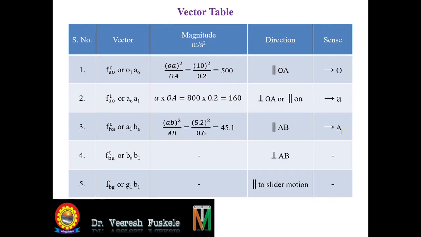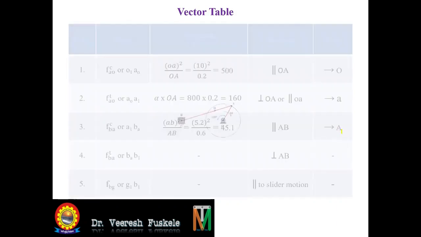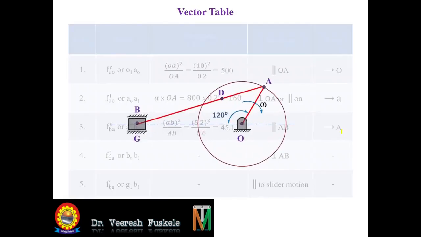The direction of this centripetal component will be parallel to OA, and the sense will be towards O, towards the center of rotation of the link OA. The direction of FCOA will be parallel to link OA and towards O, that means from A to O, that is from top to bottom.